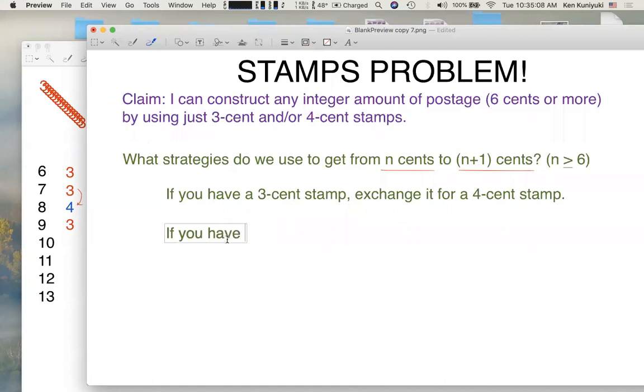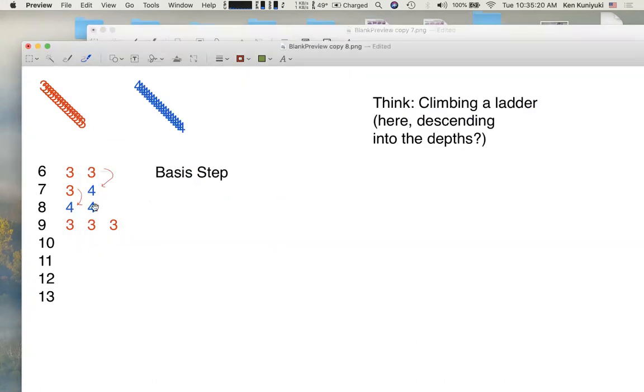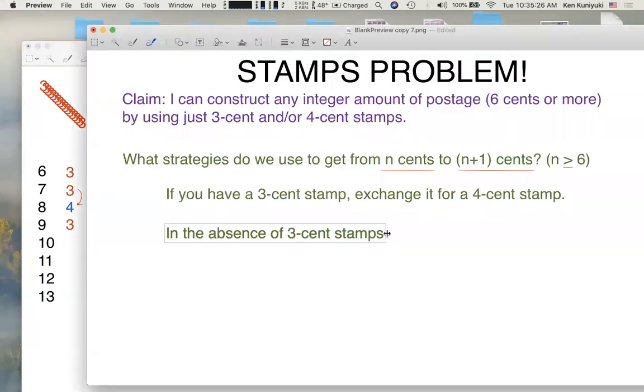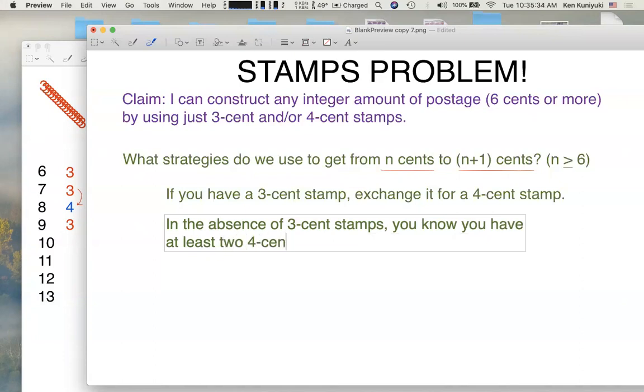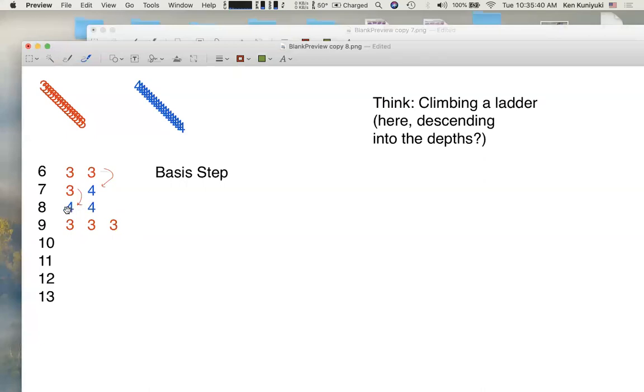In the absence of 3-cent stamps, so if there are no 3-cent stamps in your current configuration, like this one for 8 cents total, you know you have at least 2 4-cent stamps. You know that you don't just have 1 4-cent stamp because 4 cents was not included in this, right?